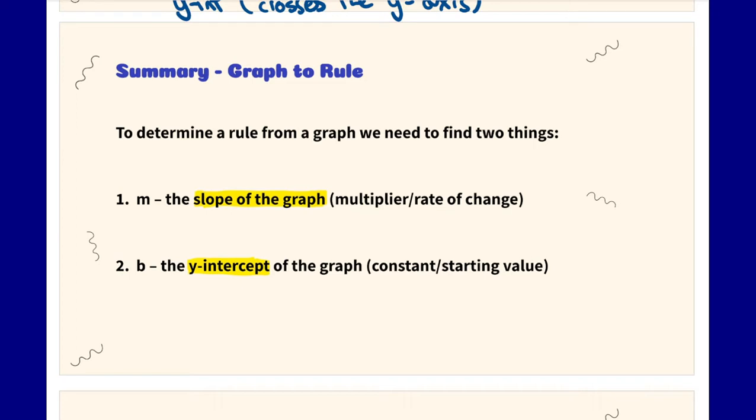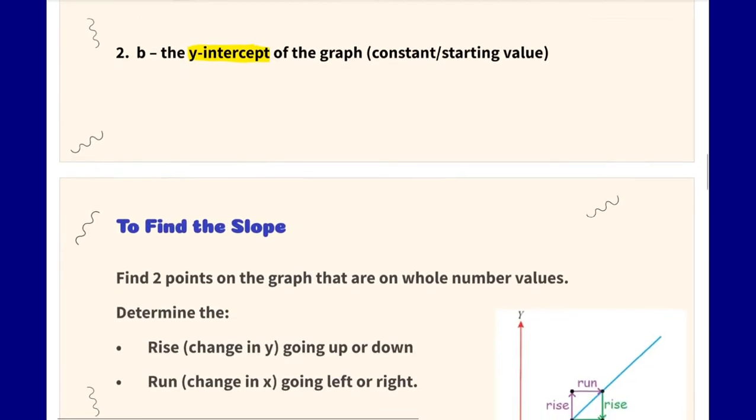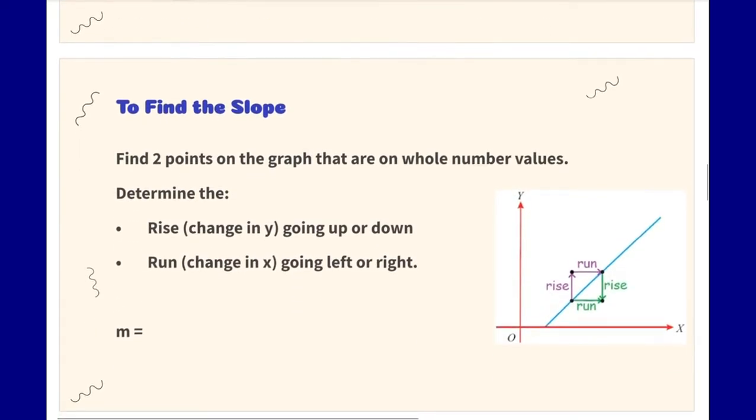Now, slope is a new term, so we are going to learn a new kind of formula of how to look at it. So to find the slope, what we're going to do is find 2 points on the graph that are on whole number values. So even though our line may cross between decimal points or not nice numbers, we want to find where it nicely crosses the grid lines so we know the exact values of those points.